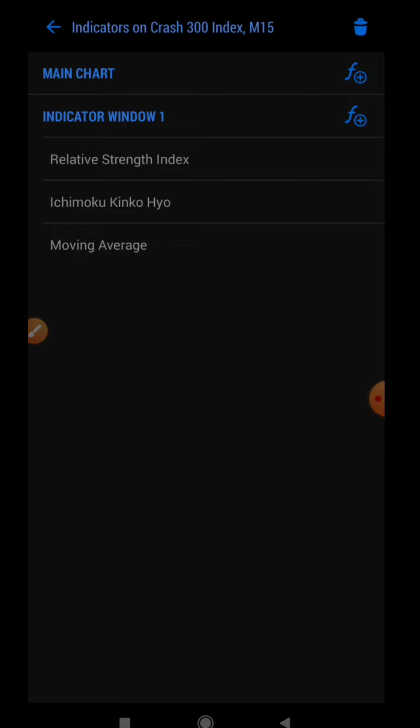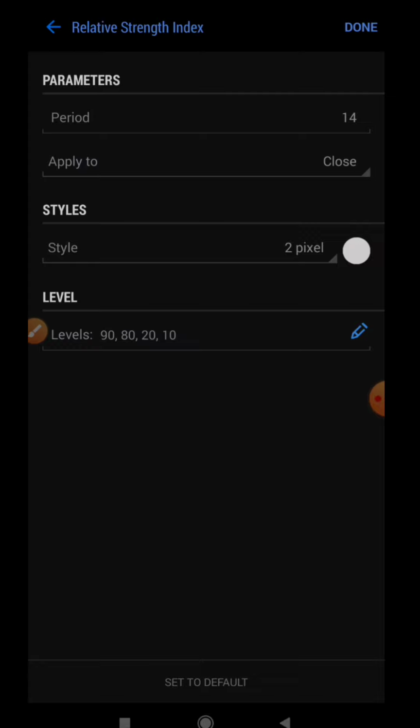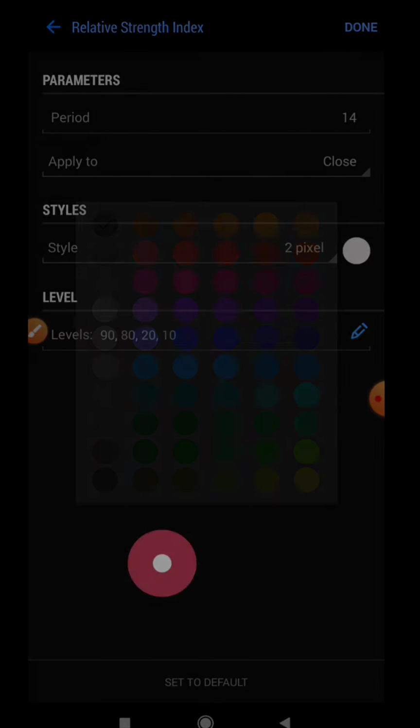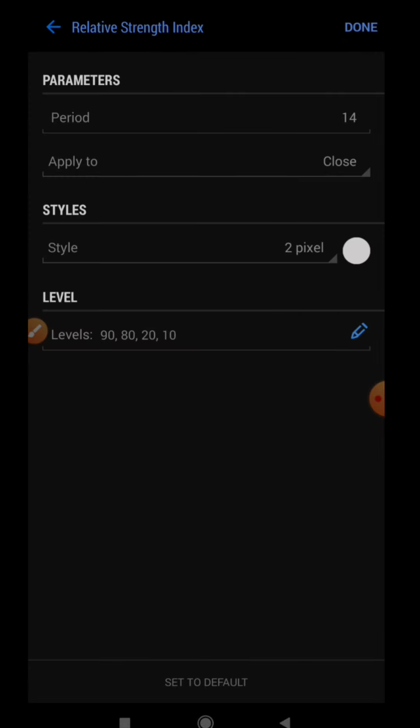Now, this is what you want to do. The settings for our relative strength index: the period is 14, apply to close. The style is any style, and ensure that the color is the color of your chart so that it doesn't show.